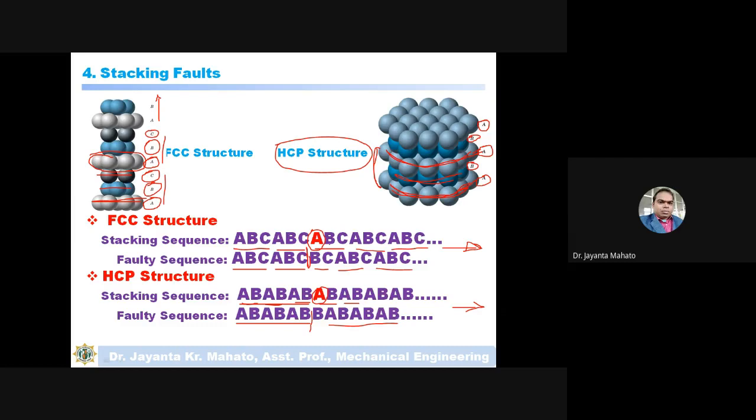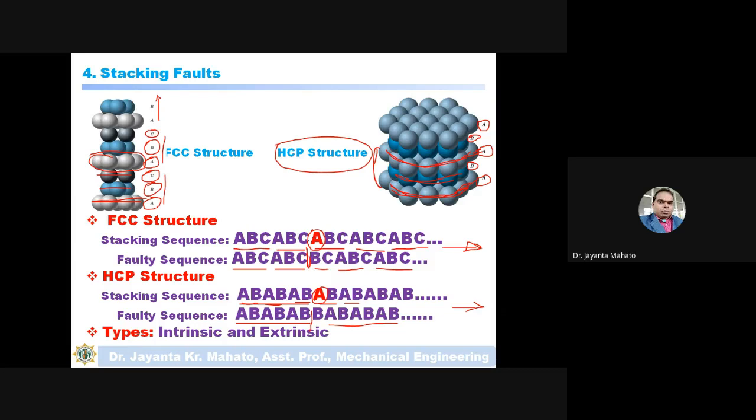These stacking faults are of two types. One is the intrinsic type and another is the extrinsic type. The intrinsic type is nothing but removal of a plane, meaning here the A planes are removed from this sequence.